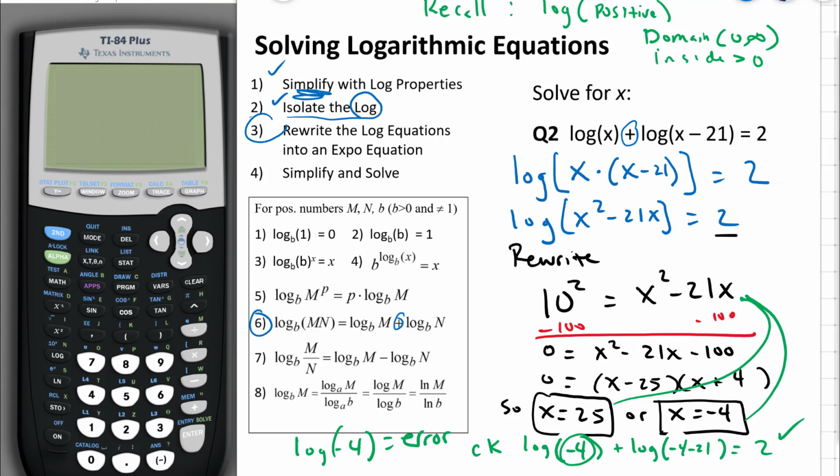Turns out this one is not a solution. When we put it into the log equation, it doesn't work. It worked in the quadratic equation, but not in the original equation. We call those extraneous solutions. So the important principle to take home from this is you should check your solutions.